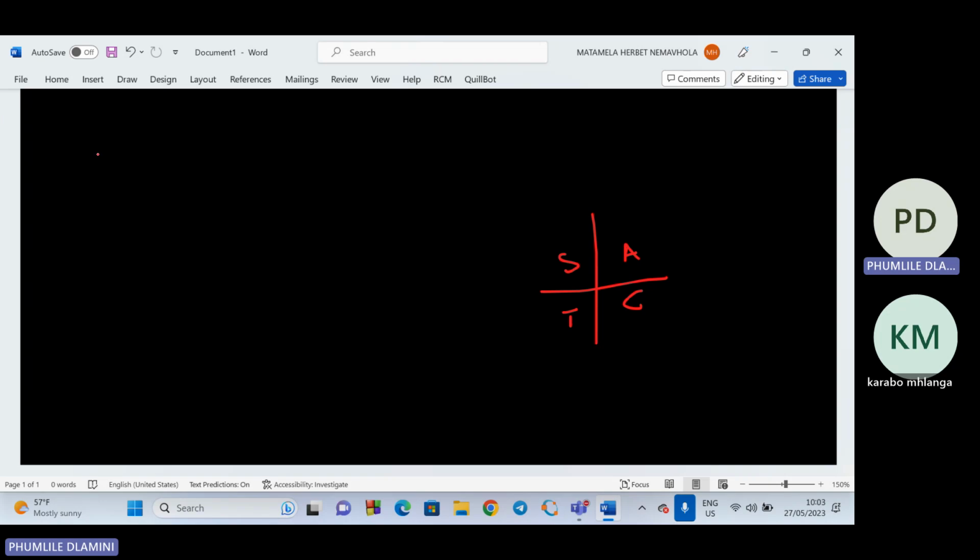So if we want to find sine of 180 degrees minus theta, it falls under the second quadrant. This is the first quadrant, this is the second quadrant, this is the third quadrant, and this is the fourth quadrant.